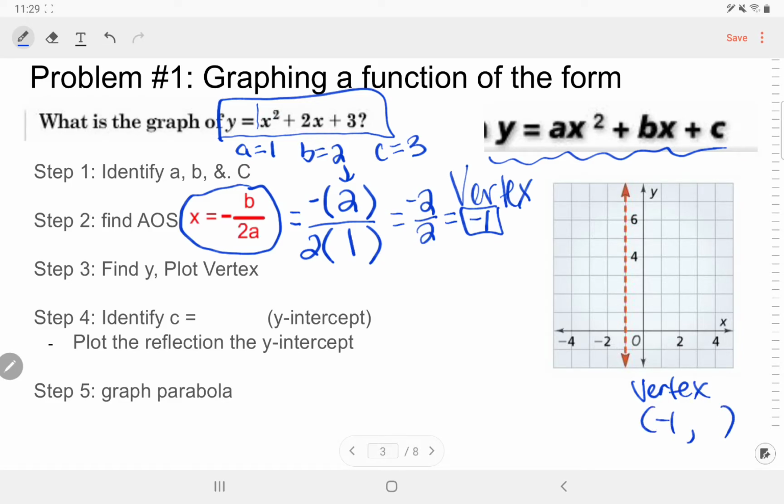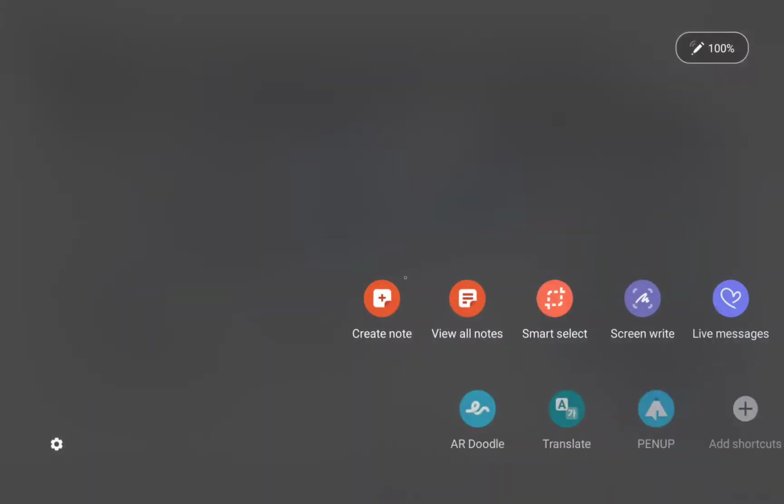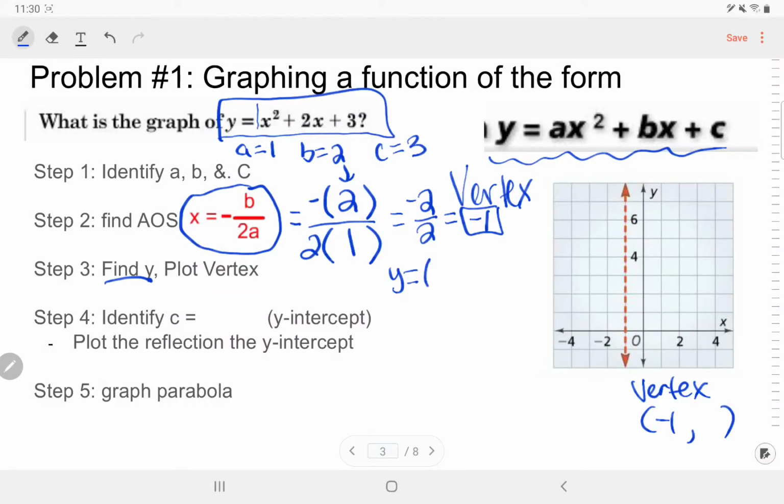Alright, the next step is to find your y value. So I'm going to take my original equation of y equals, and replace the x with negative 1, using parentheses, squared, plus 2 times negative 1 plus 3. Using order of operations, we do the exponent with the parentheses first.